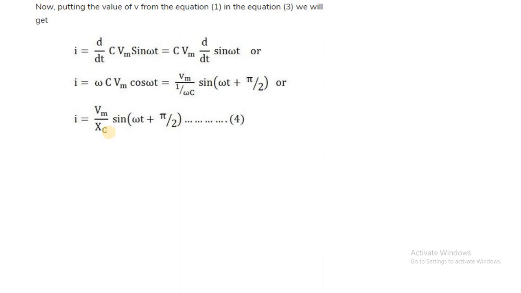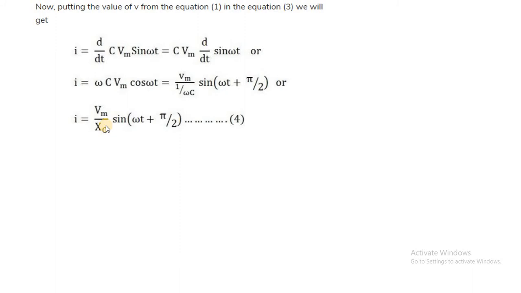But Xc is the opposition offered to the flow of alternating current by the capacitance of a capacitor. This opposition is called reactance, and as it is offered by the capacitor, this Xc term is called the capacitive reactance.